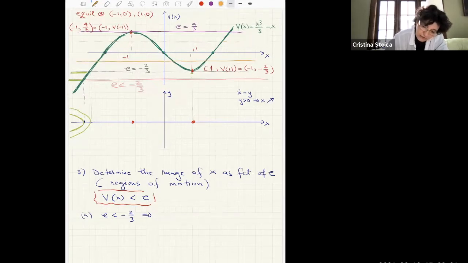So this E is in between -2/3 and 4/3. Okay, so for any level there, let's see what happens.